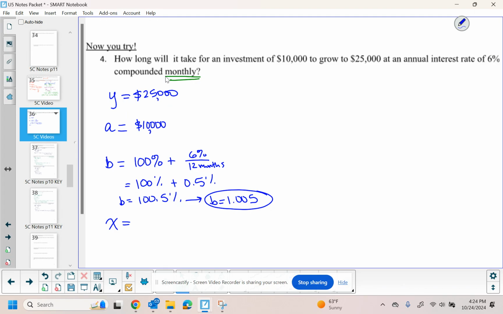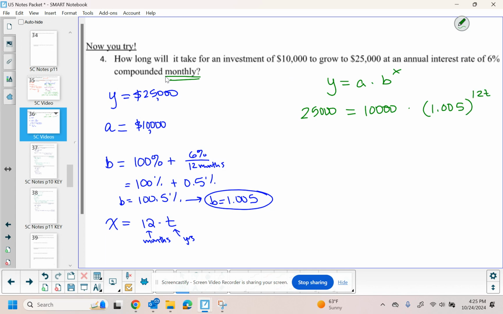Okay, now X is a number of years times 12. So 12 months times T number of years. All right, so Y equals A times B to the X. So I have 25,000 equals 10,000 times 1.005 to the 12t.